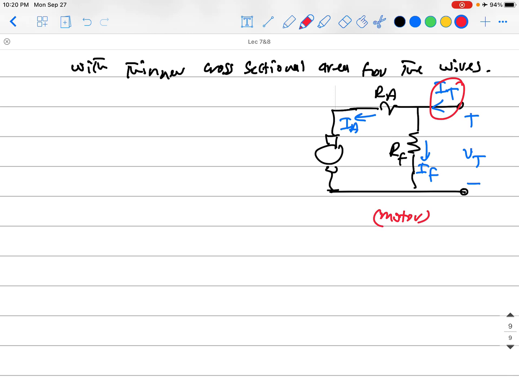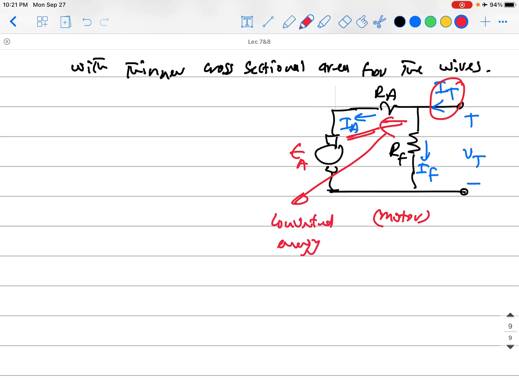The amount of energy that will really be converted inside the machine is represented by the armature current, because that is the one going inside the machine. That is the armature E. So the energy going into the armature circuit is really the converted energy.